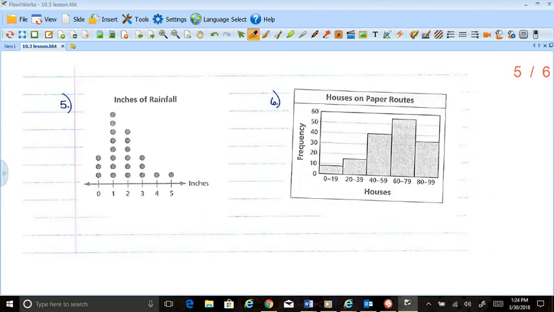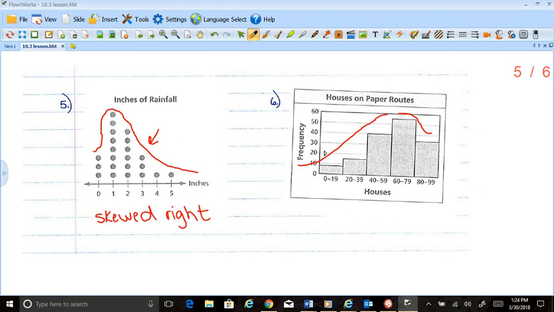Over here, we've got inches of rainfall. There's our peak, and it stretches out down here. My tail is on the right-hand side, so it's skewed right. Over here, it stretches up to the peak, then stretches down. My tail that extends out is to the left, so it's skewed left.